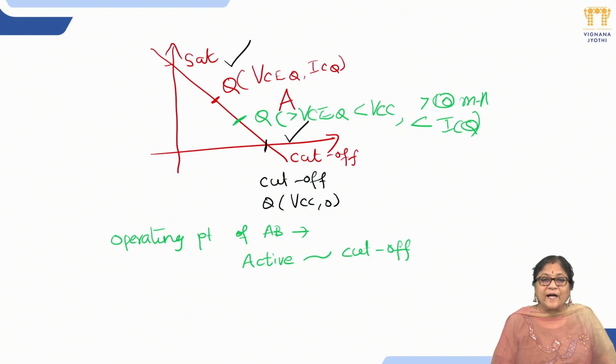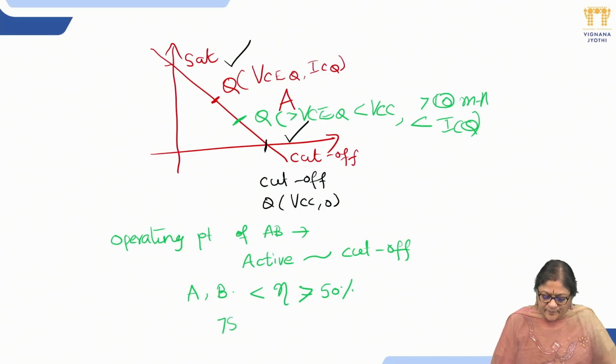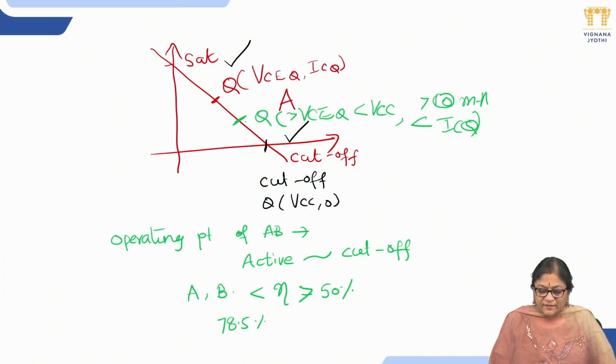So it is a hybrid power amplifier, a combination of A and B. And its efficiency is more than class A, that is more than 50% and less than 78.5%. So when you know the operating point you are selecting, the characteristics are also in between class A and class B. That's why the name is class AB. So these are the major important things.